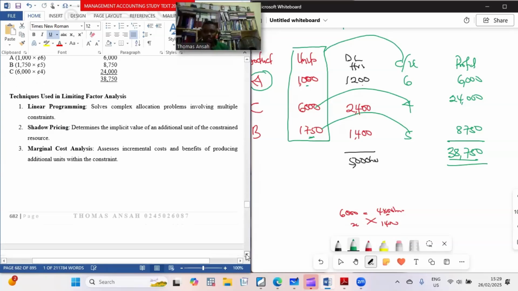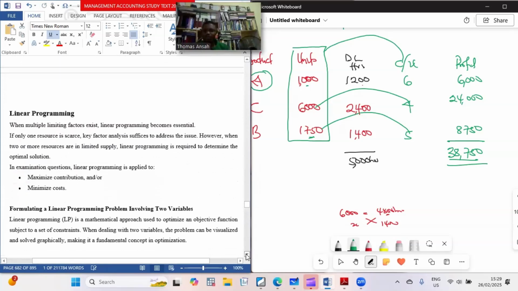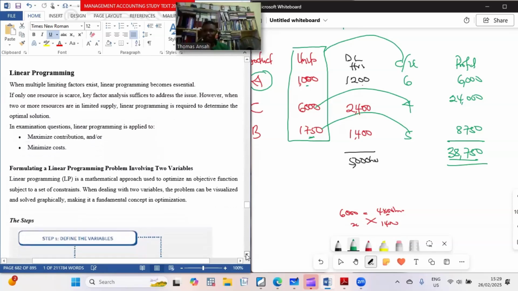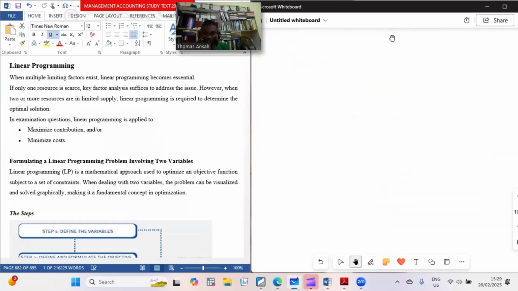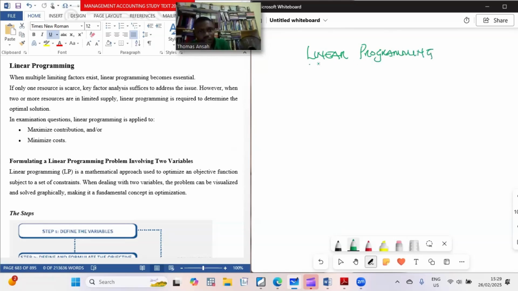So now let's look at linear programming, which is so unlikely for you to face because these things are graphs. Linear program. And we use these ones when the limiting factor is more than 1.